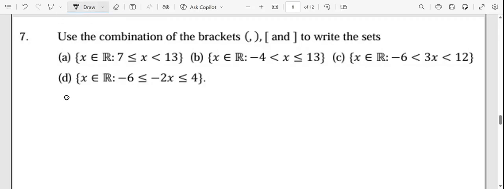What would be the answer? Tell me what is the answer?